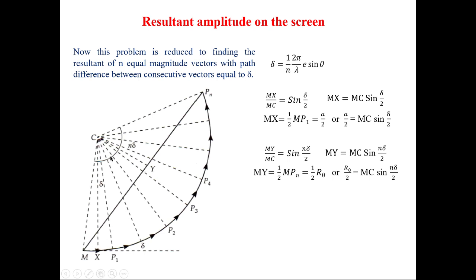So sine of n delta by 2 will be equal to MY divided by MC here, and this gives MY equal to MC sine n delta by 2, and MY is R theta by 2, so this gives you R theta by 2 equal to MC sine n delta by 2. So we have these two equations.